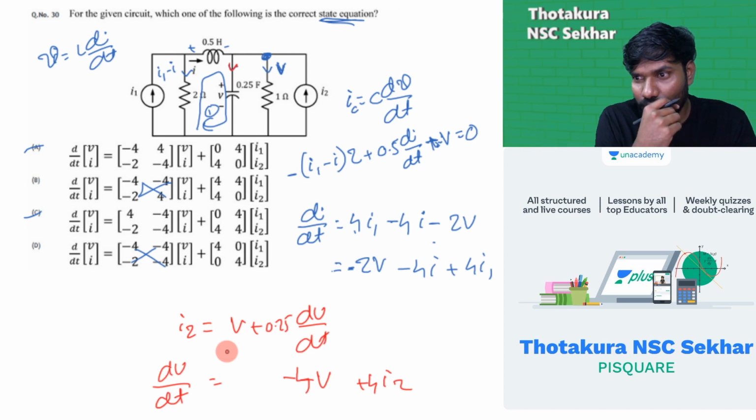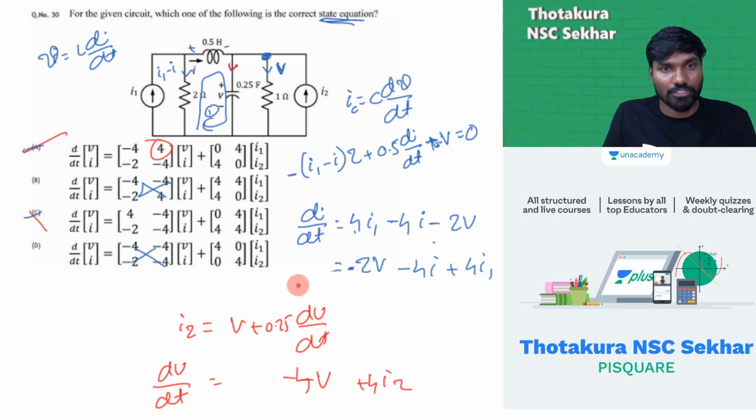If you can figure out the point, minus 4 is there, so from this I can directly say this is not the answer. This cannot be the answer because for I2 also we have this, but this is not matching. This should also match.